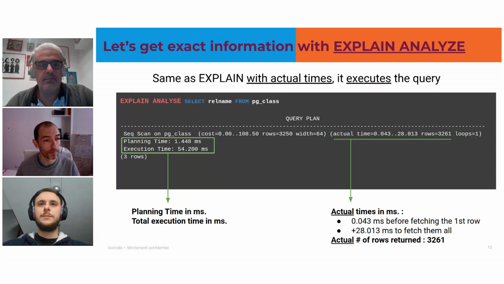I think also maybe the question hinges on the difference between the expected cost and the actual time. You told us yesterday that there is no such thing as an actual cost. I think this is also part of the answer. No, actually we have an actual time and an estimated cost. And how do they relate?